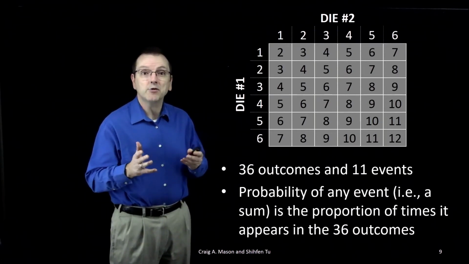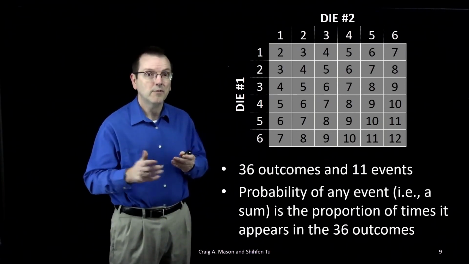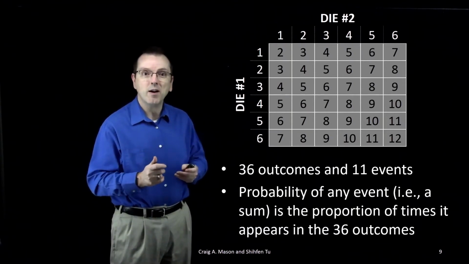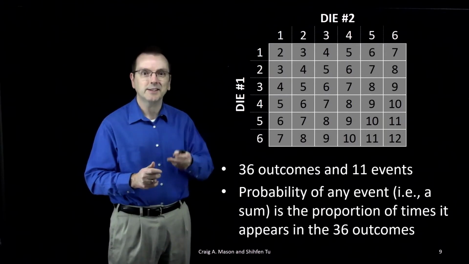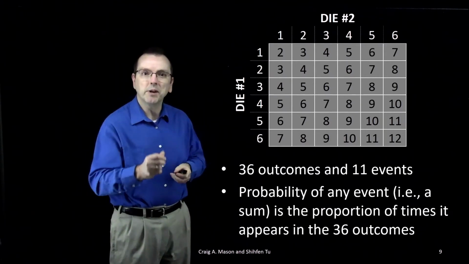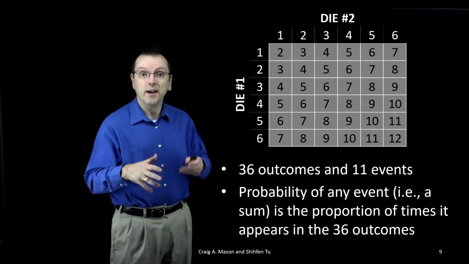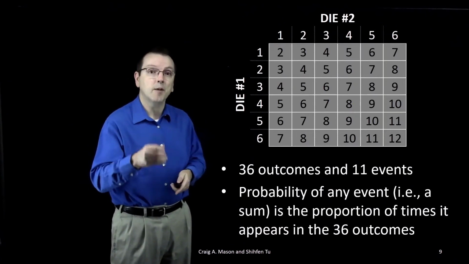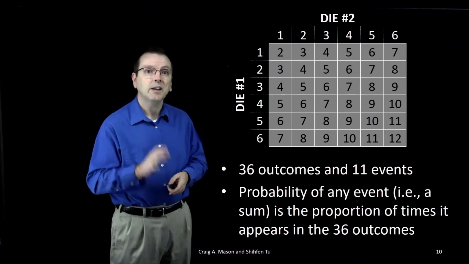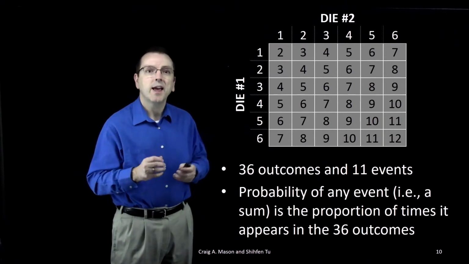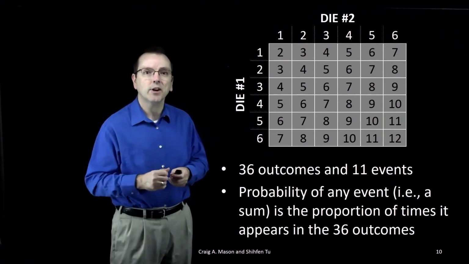These events range from a sum of 2, if I roll a 1 and a 1, all the way to a sum of 12 if I roll a 6 and a 6. My events would be a sum of 2 or a sum of 3 up to the event of having a sum of 12.